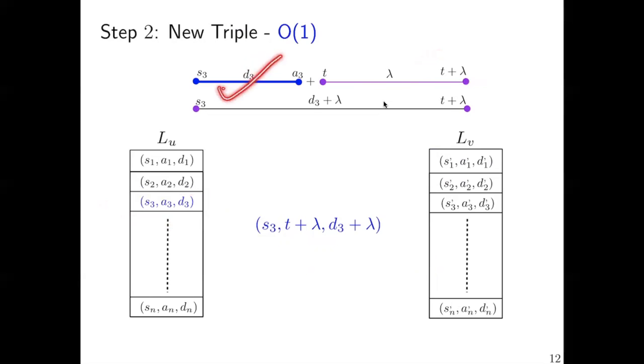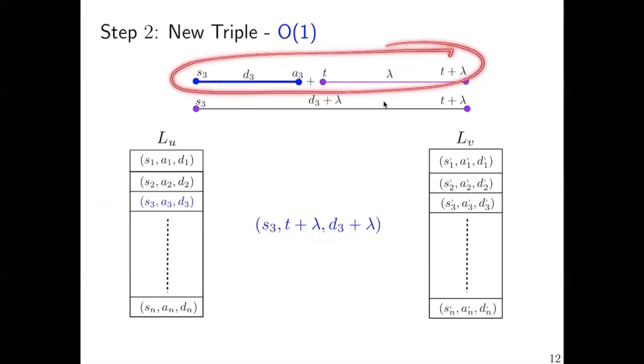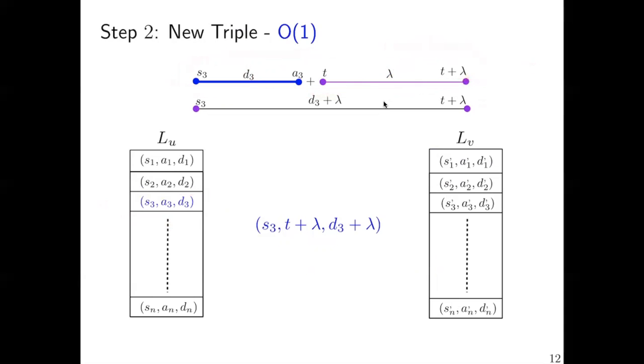If we combine the predecessor path and the current edge, we obtain our new journey. The new journey's starting time is S3, its arrival time is t plus lambda, and the duration, which is the total travel time, d3 plus lambda, can be obtained from these two paths. Of course, the new triple can be obtained in constant time.